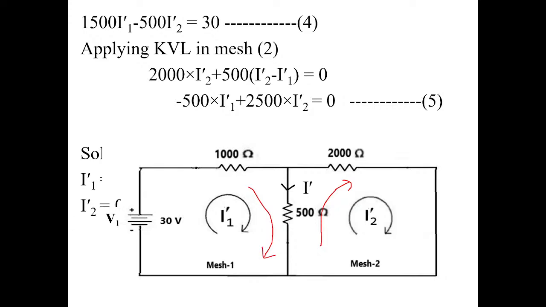Therefore, differential current will flow through 500 ohms. Since we have considered mesh 2, you must write I2 dash minus I1 dash. When you are in mesh 1, you must write I1 dash minus I2 dash. So whichever mesh you are in, that current will dominate the other mesh current.